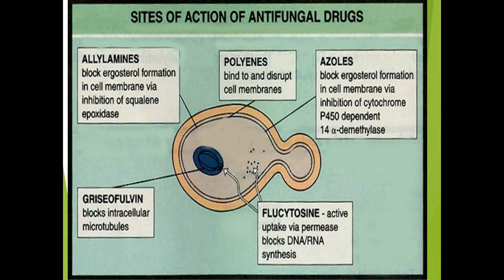You can see here the sites of action, how these antifungal agents show their pharmacological activity. First, the allylamines block ergosterol formation in the cell membrane by inhibition of squalene epoxidase. In the case of polyenes, they bind to and disrupt the cell membrane.